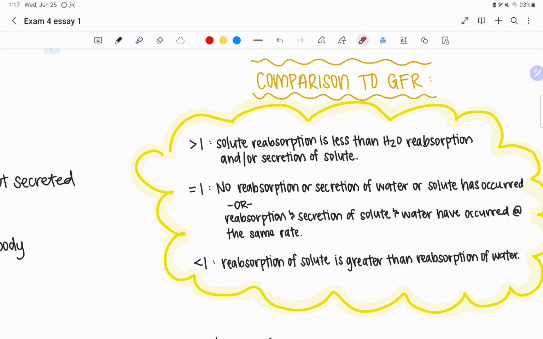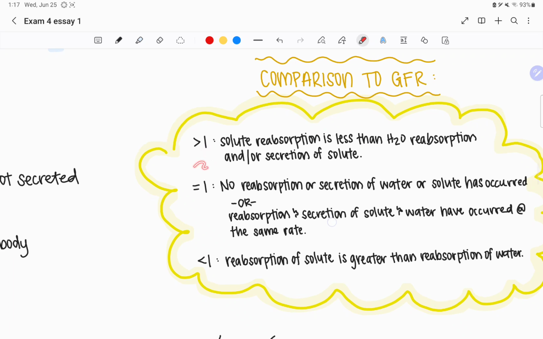They're happening at the same time. So either they haven't been reabsorbed or secreted, or reabsorption and secretion have happened at the same time. That means they're being filtered and reabsorbed at the same rate, or they're not even being filtered. So then there's no reabsorption or secretion, right? And that's compared to water. Okay, so same rate. That's the same GFR, so clearance and the GFR is the filtration rate.